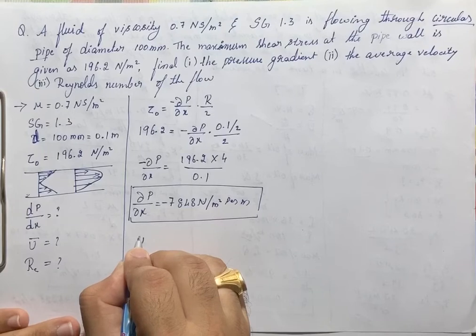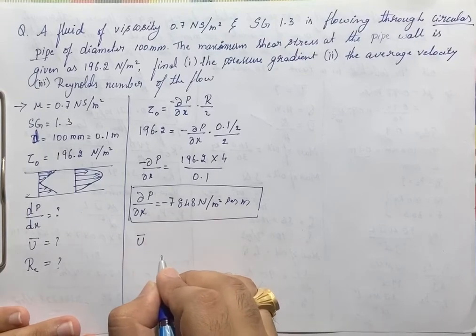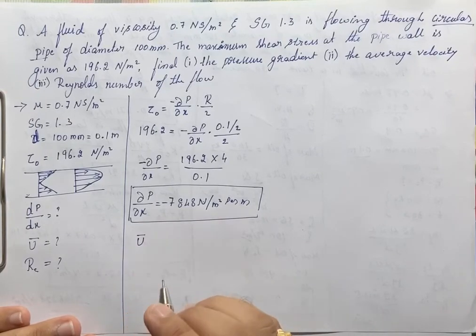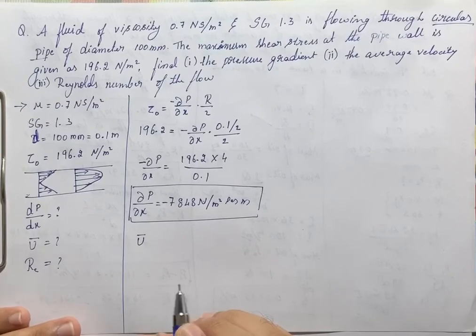Now, what is the formula to find out u bar here?